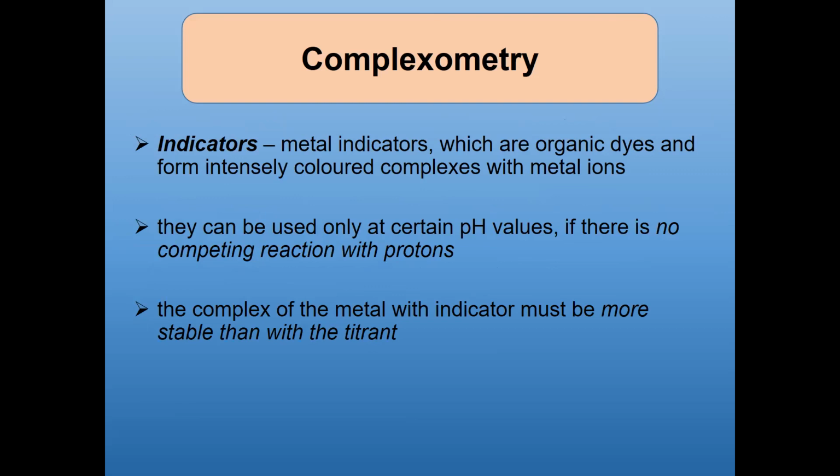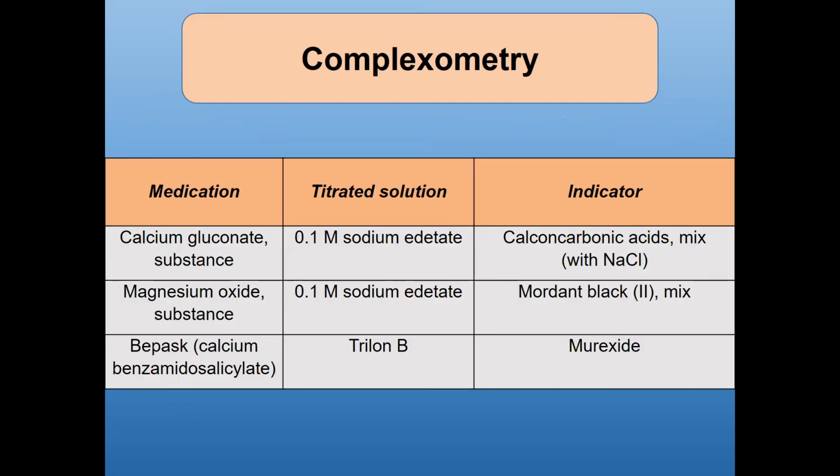The complex of the metal with the indicator must be less stable than with the titrant. This titration method is used to quantify calcium gluconate, for example. You can see indicators.